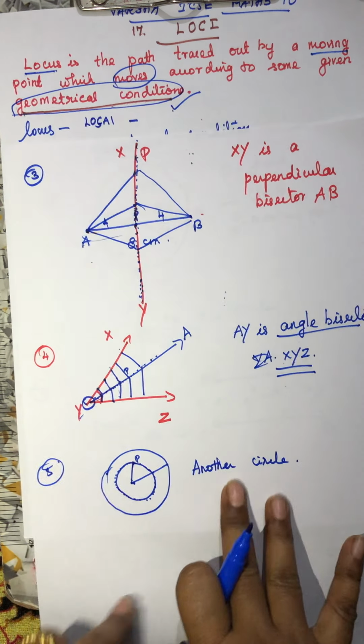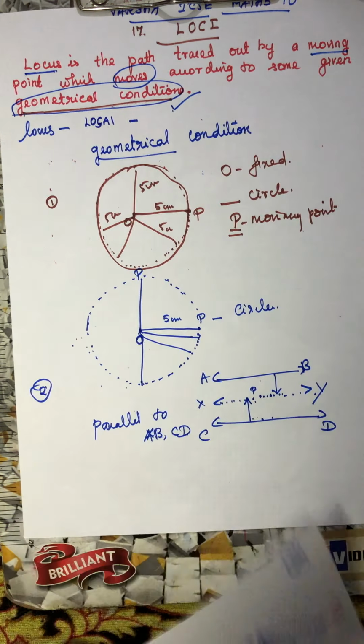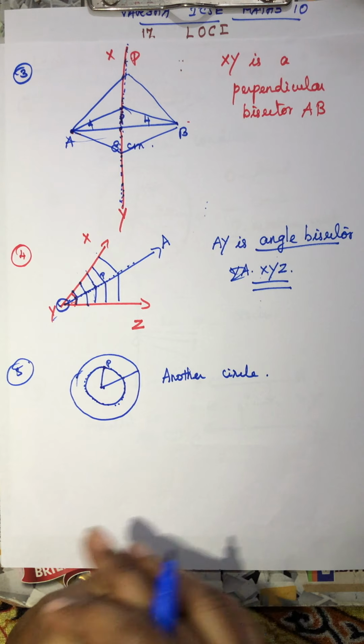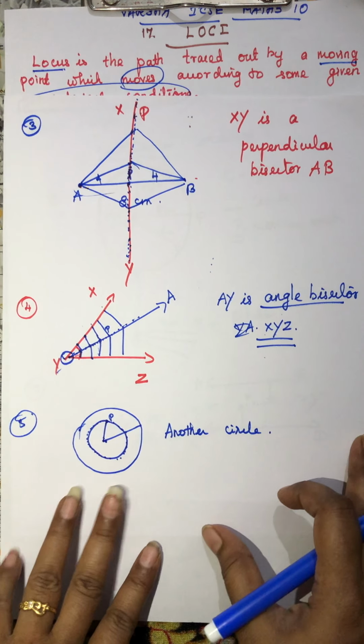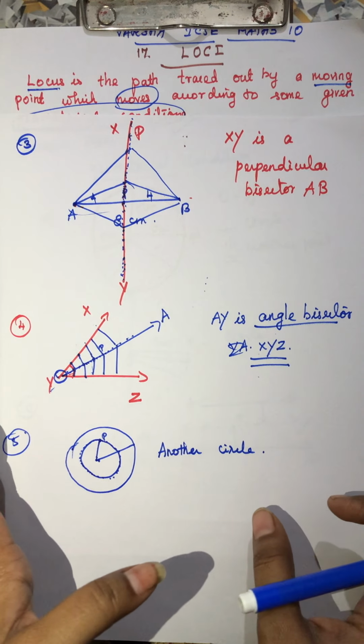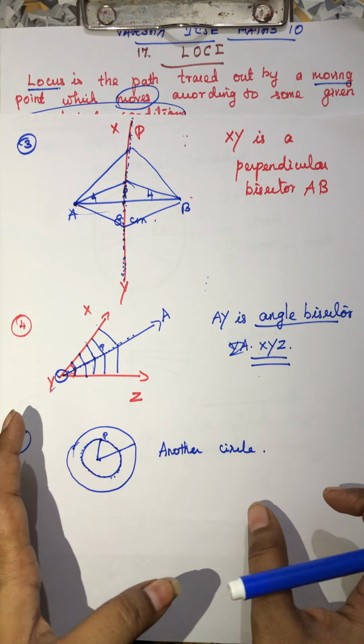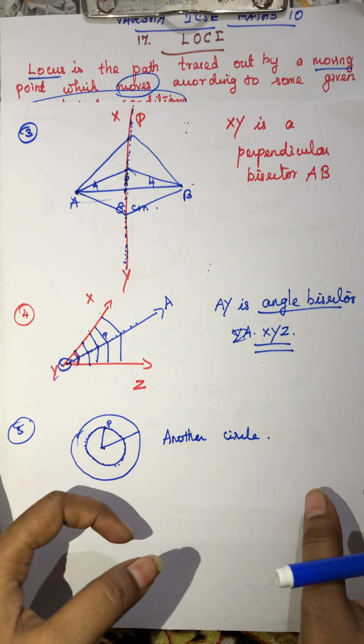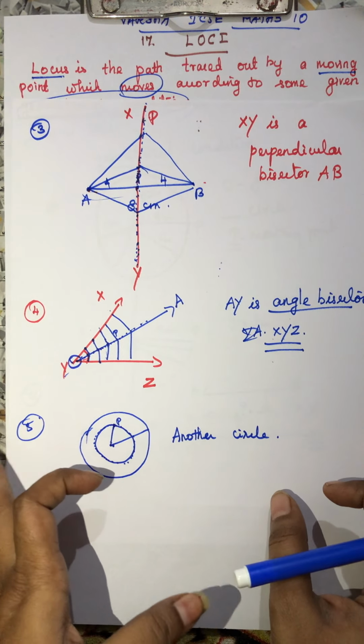Is it a parallel line? That type of question you will have in your examinations in this lesson. There are a lot of questions in the locus lesson. If you want to learn more, I will proceed with many videos. I hope you understand the concept of locus.